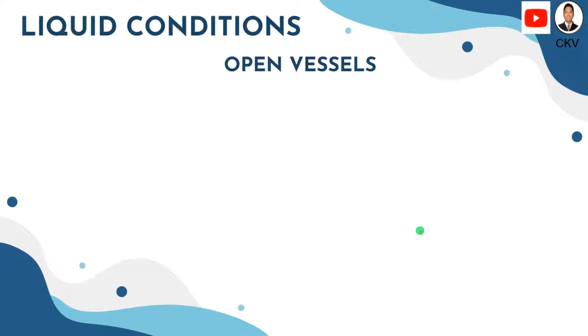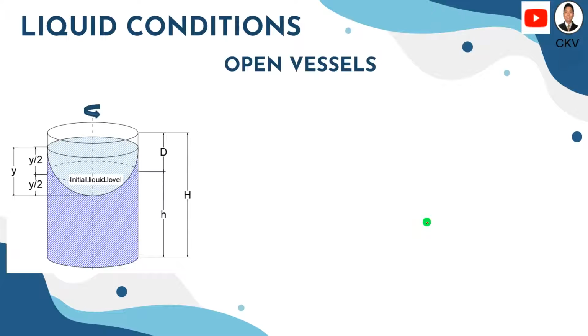First, on open vessels. Let's say we have a partially filled open vessel, a cylindrical open vessel. So let's say we have a cylindrical container with more than half full of liquid, and it is rotated about its vertical axis.